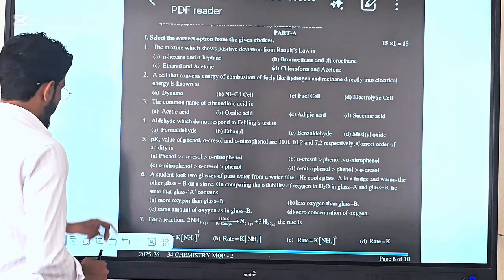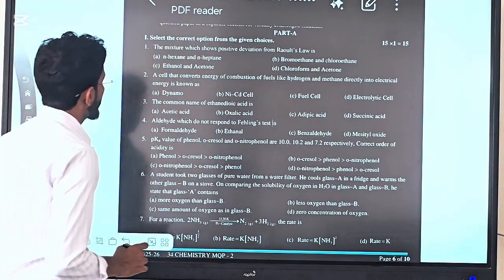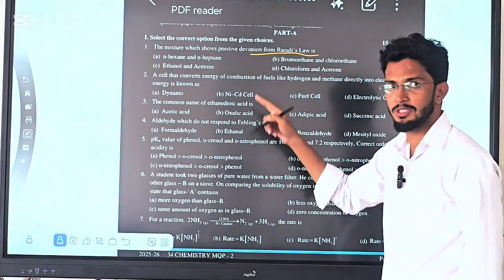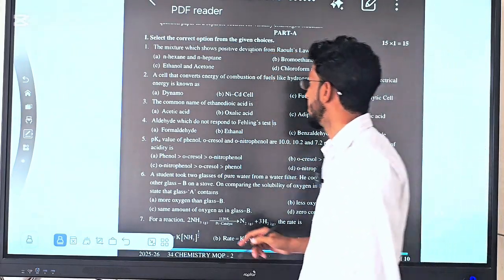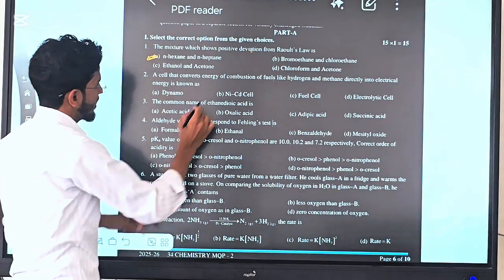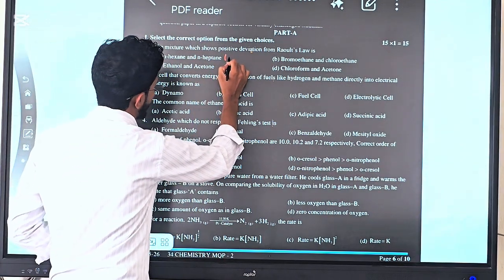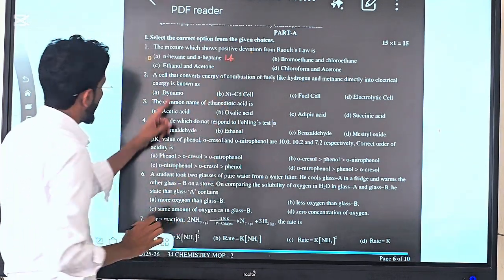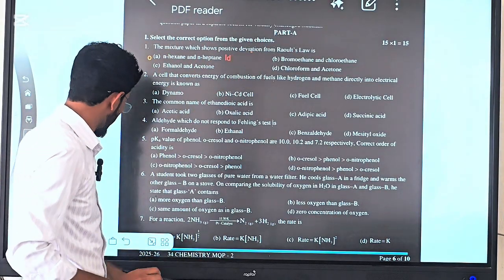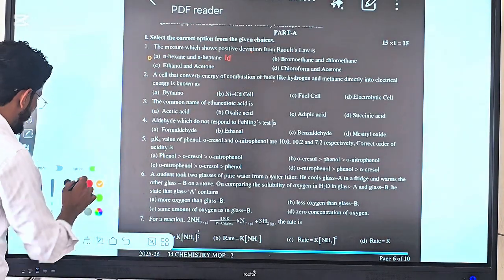First question is, the mixture of which shows the positive deviation from Raoult's law. Which shows positive deviation from Raoult's law among these 4 options? First option is n-hexane and n-heptane. This n-hexane and n-heptane follow ideal behavior. This is an ideal solution. Positive and negative deviations are shown by non-ideal solutions.